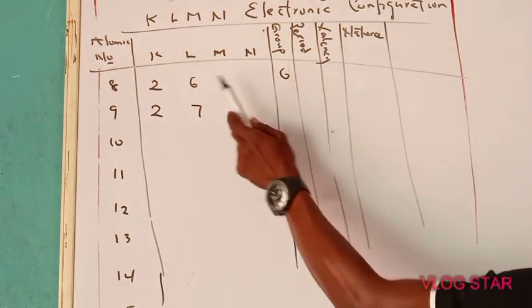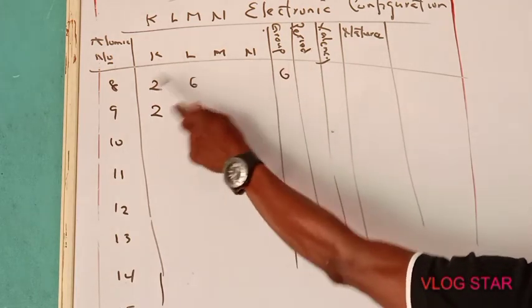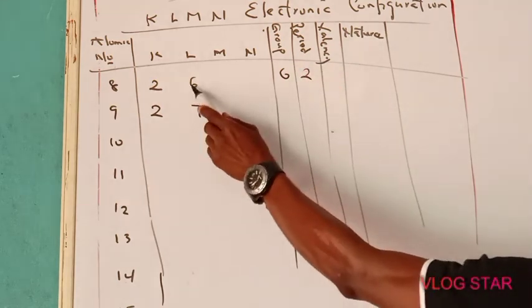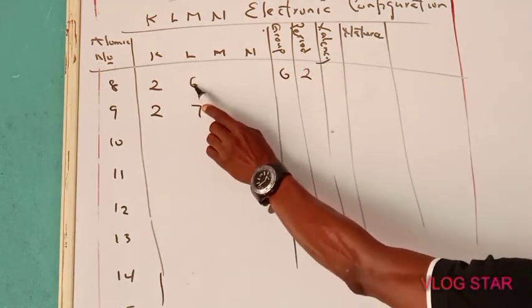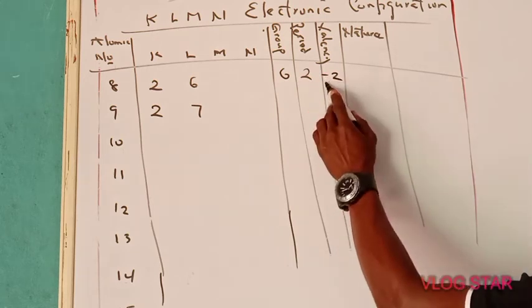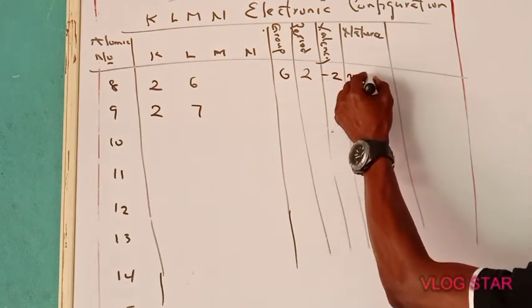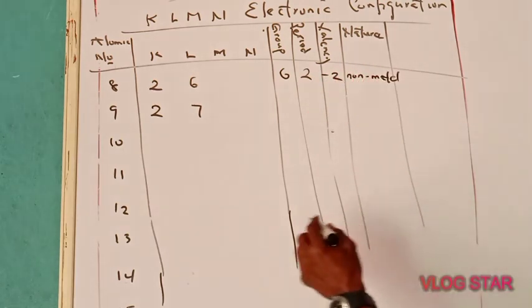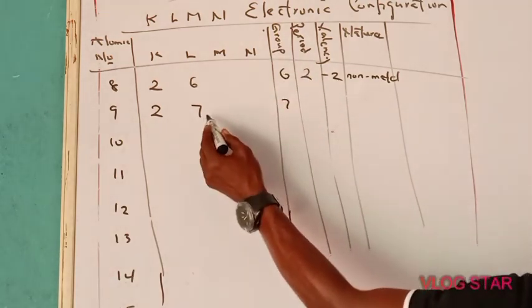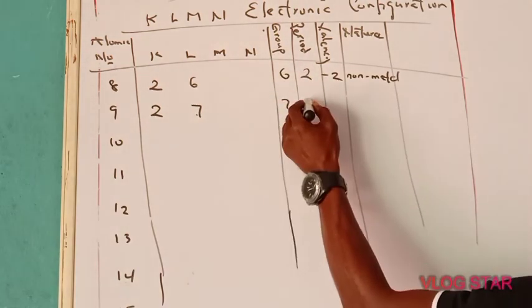The period, how many shells did it take? 2, K and L, so the period is 2. Now the valency, how many electrons does this one need? It needs 2 more, that's -2. And when it is negative, it is what? Non-metal. That's all. So this 2, 7 belongs to group 7 and occupies 2 shells.